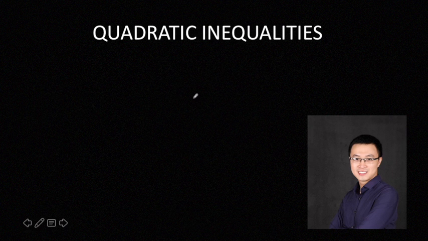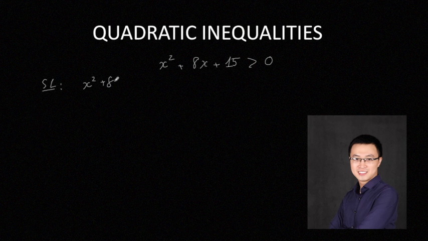For another example, I will try x squared plus 8x plus 15 greater than 0. In step 1, I will find the solution of this equation, not the inequality, and using your calculator you will find minus 3 and minus 5.